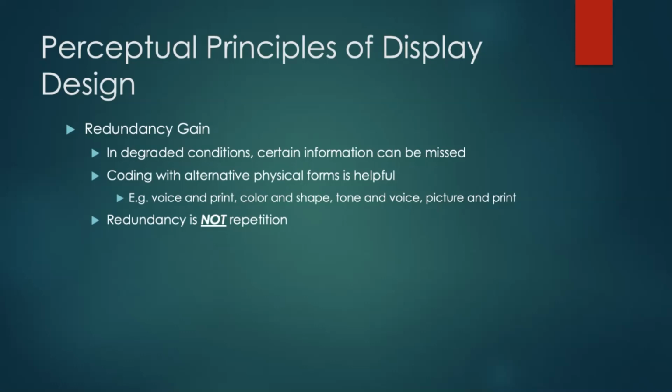So make it both auditory and visual. Or you can play off within the same sensory modality, additional redundancy. So color and shape. A red stop sign. Do tone and voice.